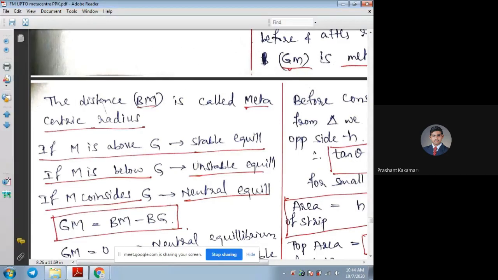And if M coincides with G, it is neutral. Similar thing again: if M coincides with G and G coincides with B, it is completely neutral equilibrium. Any couple applied to the body, it will go to the new position and remain there for a long time. Until and unless you apply any reverse couple or forward couple, it will be in the neutral position.